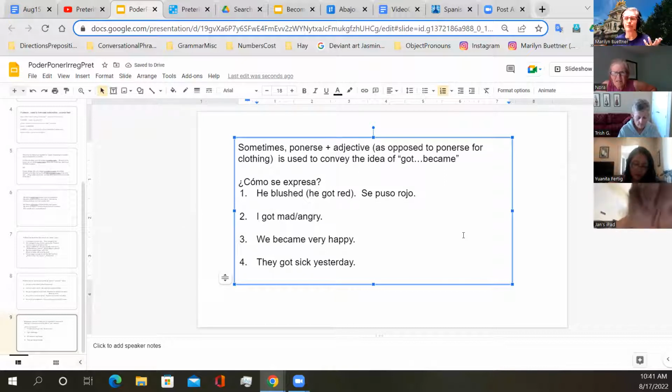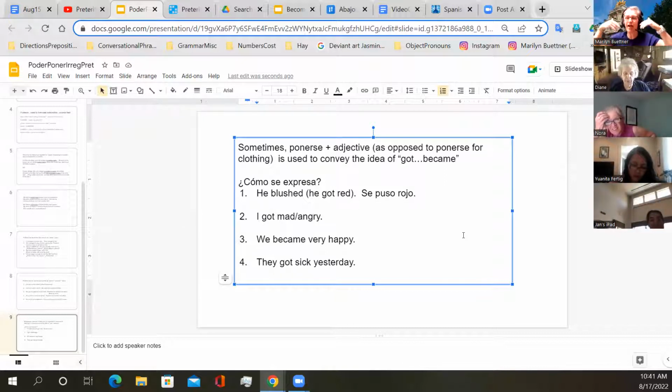He got red means he blushed. He became red. Well, we have a special word, blushed, but se puso rojo means he turned all red. Bien. Okay. He got mad. He got angry.